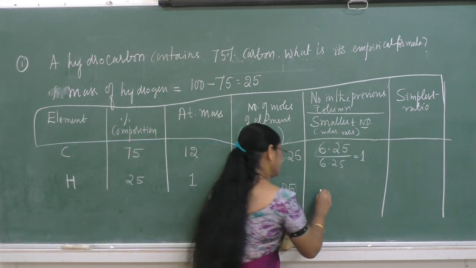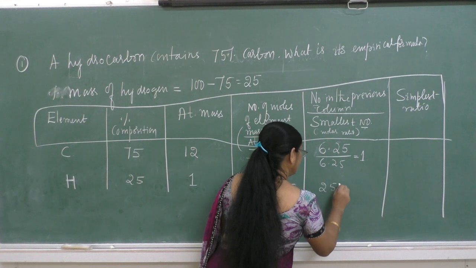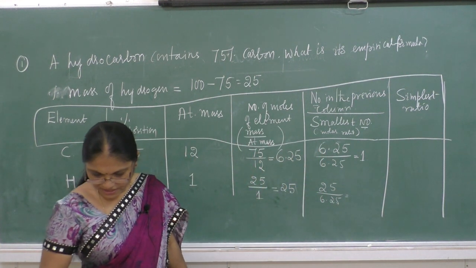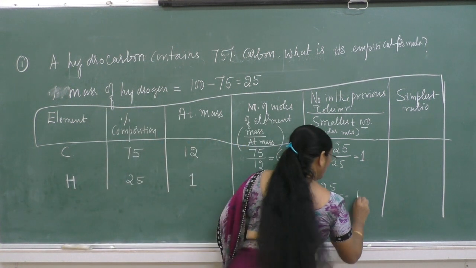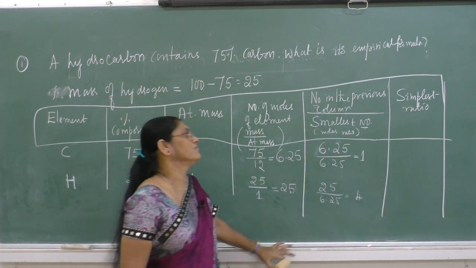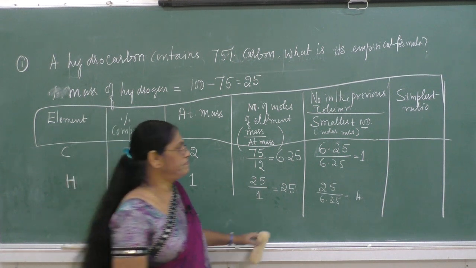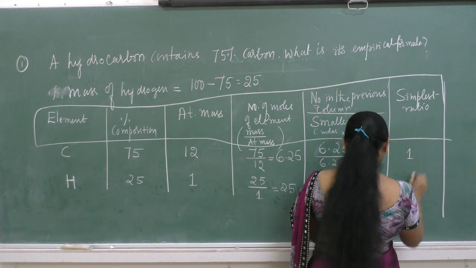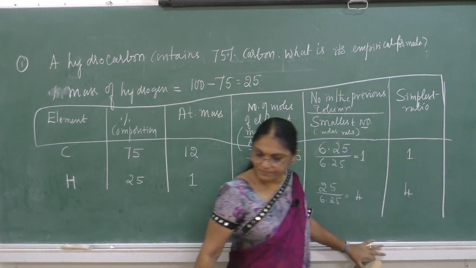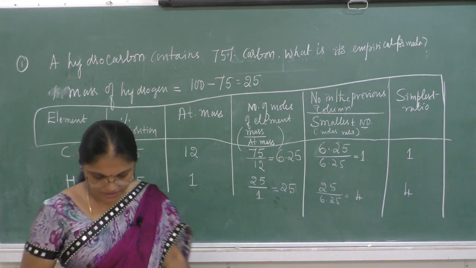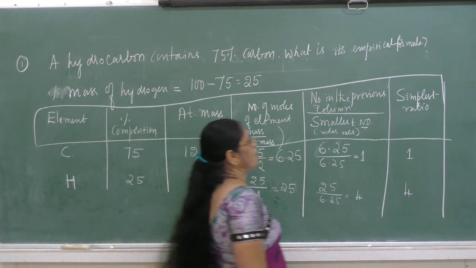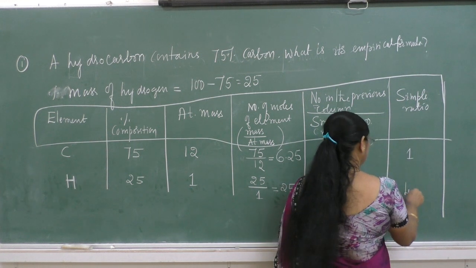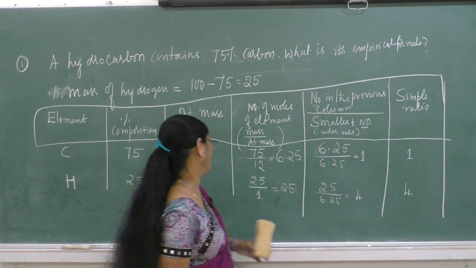Now 25 is divided by 6.25, so this is equal to 4. Then the simplest ratio is 1 and 4.